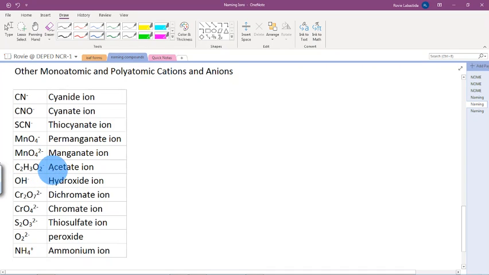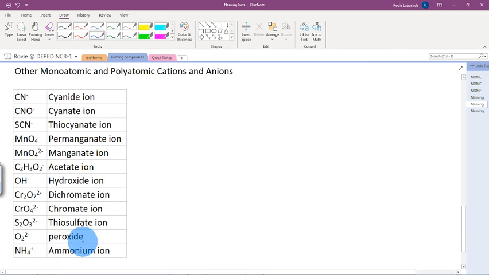C2H3O2 negative is acetate ion. OH negative is hydroxide ion. Cr2O7 2 negative is dichromate ion. CrO4 2 negative is chromate ion. S2O3 2 negative is thiosulfate ion.